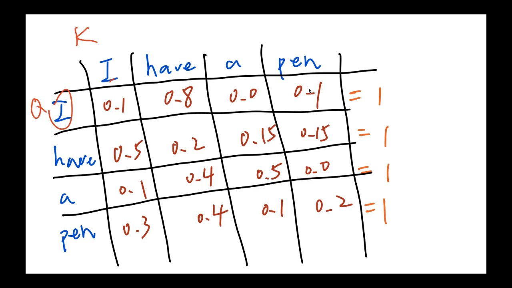Then you will have this 4 times 4 matrix, depending on how many tokens you have. If you have L tokens, you have an L times L matrix. And all values in this dimension, if you sum them all up, will equal 1, because you do a softmax. And after that, you can know how much weight you need to put.